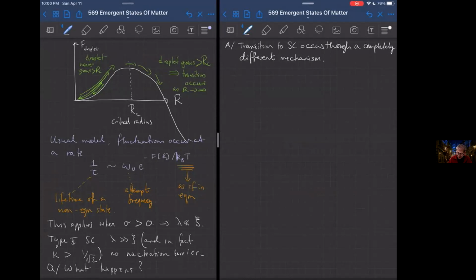And in fact, the transition occurs at a higher temperature, sorry, a higher field, which is greater than HC, and is a second order transition, or continuous transition.